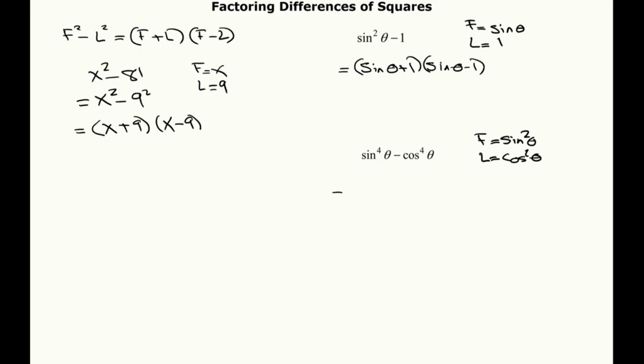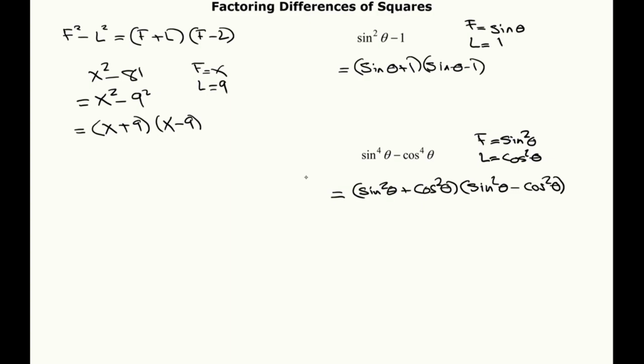So now we go ahead and factor using the formula. So we end up with sine squared theta plus cosine squared theta times sine squared theta minus cosine squared theta.